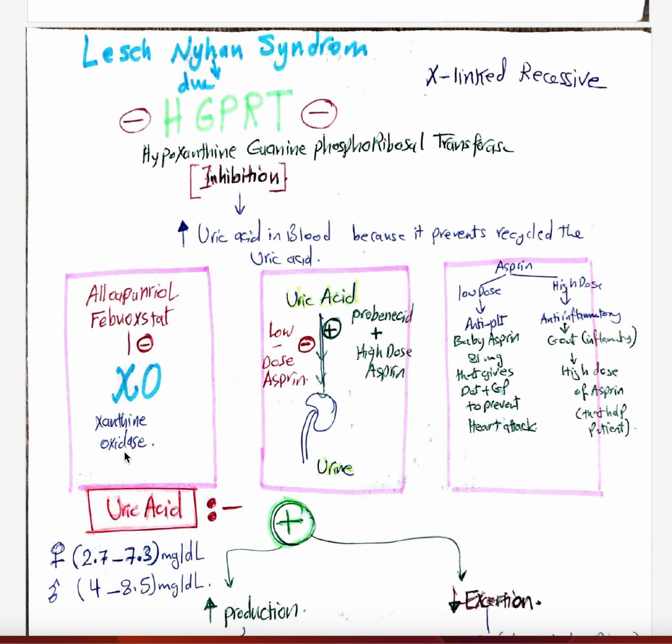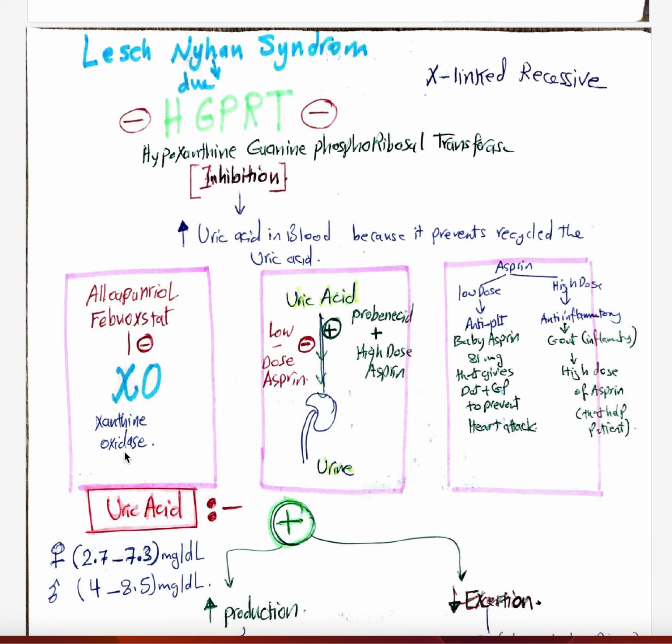We have another approach, not inhibition of uric acid formation, but increasing the elimination of uric acid, making the uric acid excreted into the urine, so we can avoid uric acid accumulation in the blood, and that is by using aspirin.